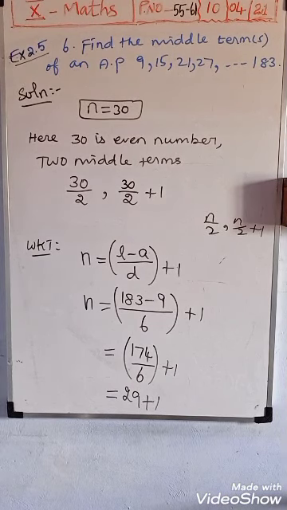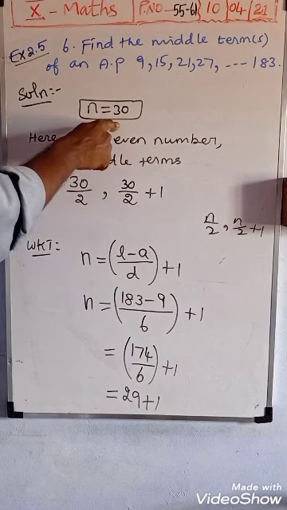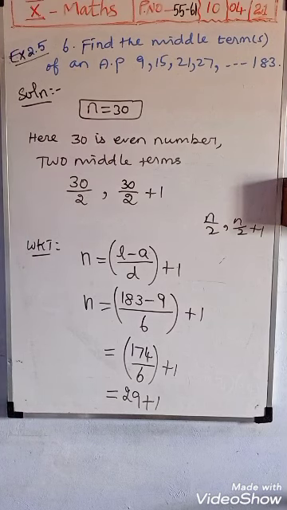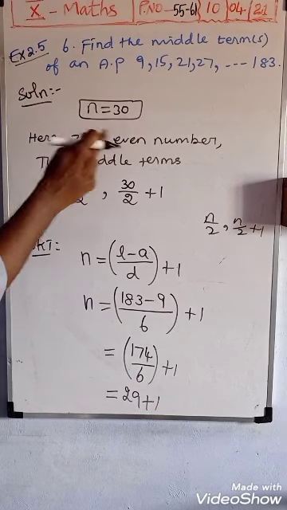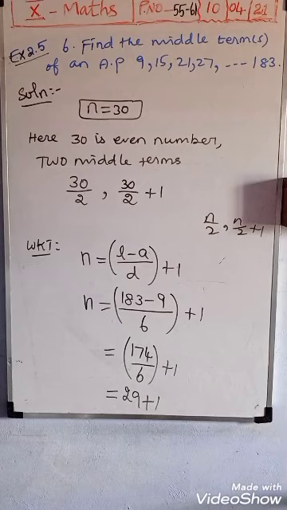Because N is even. Suppose N we received as 29, that is an odd number, and for an odd number easily only one middle term you will receive. But here N is an even number, so we will receive two middle terms. That is 30 by 2 and 30 by 2 plus 1 you want to add.